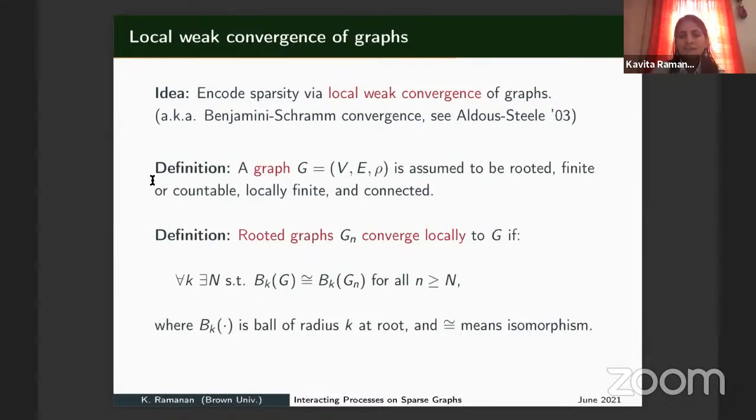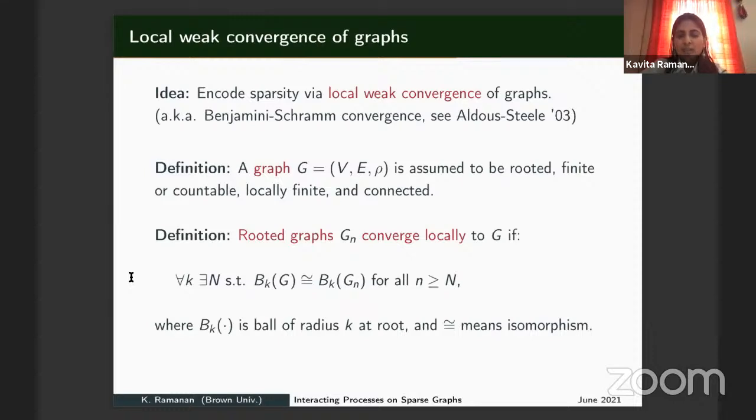Okay, so we take a locally finite graph, which means, of course, all degrees are finite. And this could be an infinite graph here. And I have a special vertex, which I will denote rho, and I'll call that a rooted graph. And I'll assume also that it's connected. And then I want to put some notion of closeness on rooted graphs.